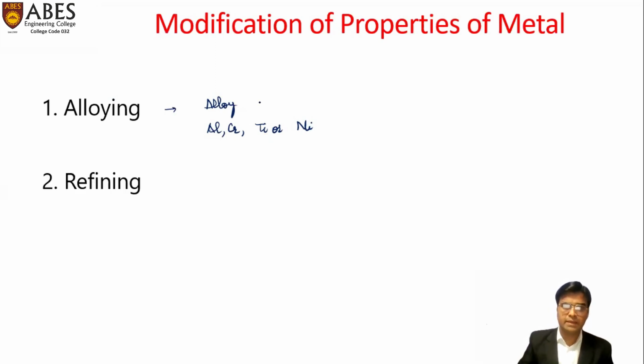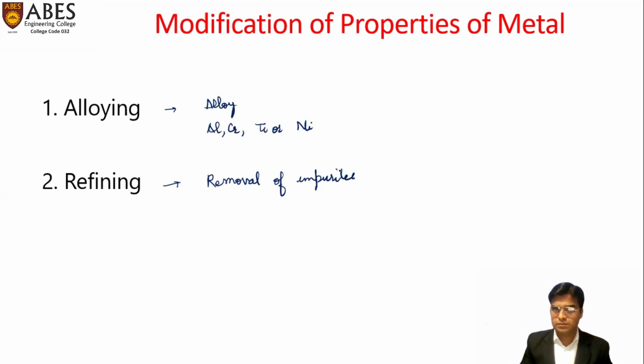The second approach is refining. Refining itself suggests that it is the removal of impurities. And these impurities are mainly sulfur and phosphorus. So sulfur and phosphorus in the steel are removed, and this is how it prevents corrosion.